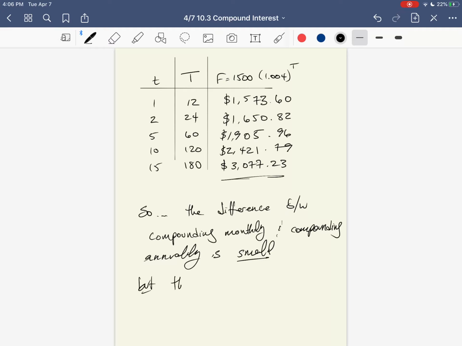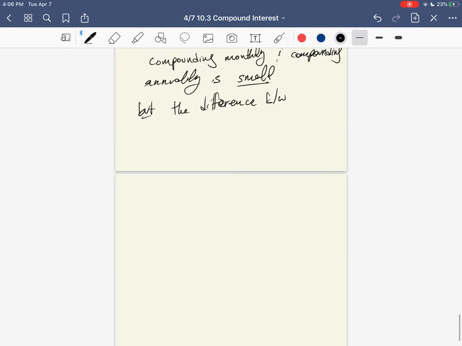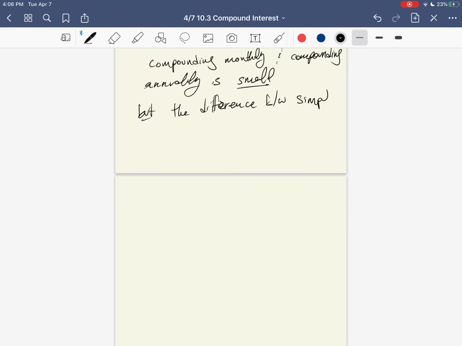But the difference between simple interest and compound interest is big. And so now I'll give you a general compounding formula just to formalize what we've just been doing.